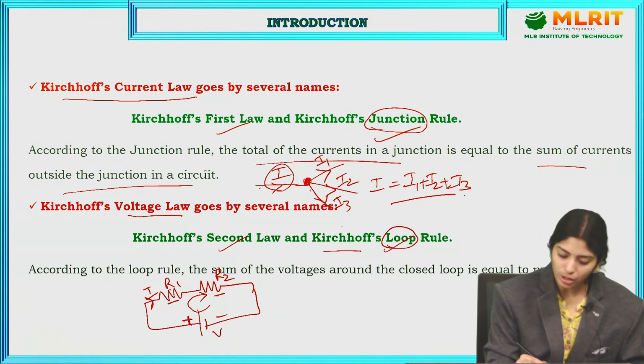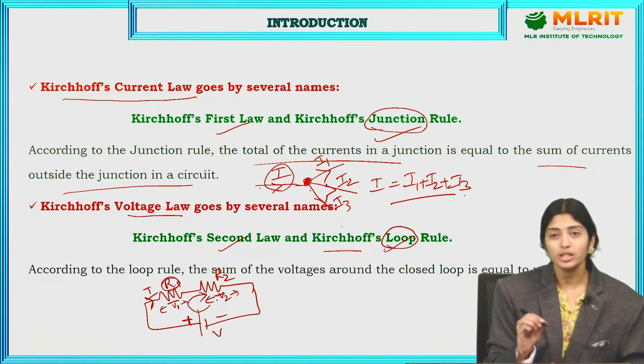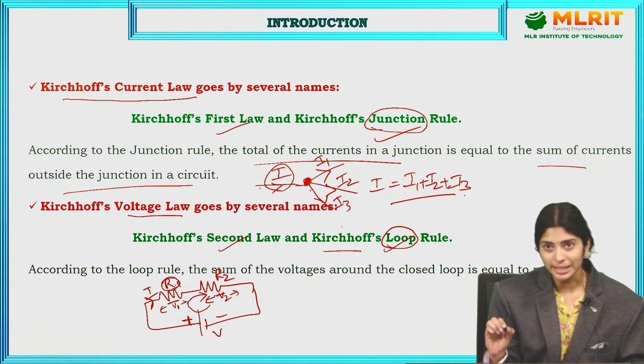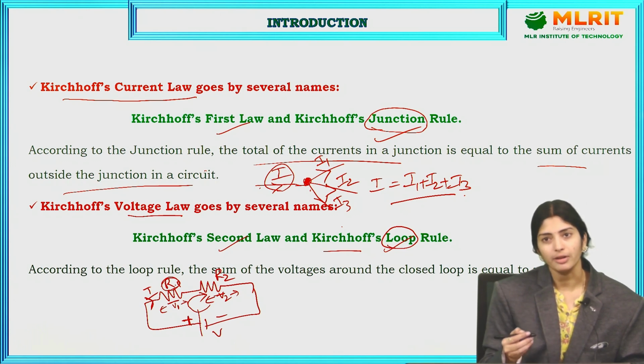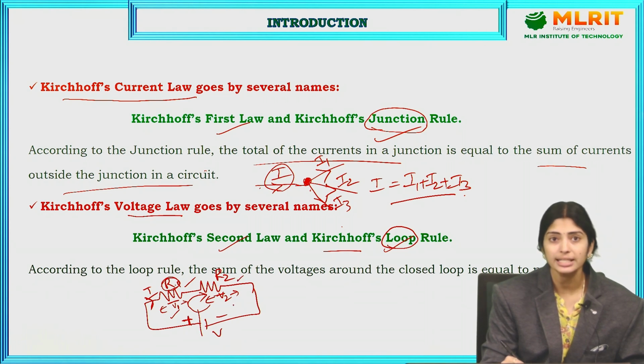At resistance R1 we consider it as V1, and at resistance R2 we consider it as V2. Why am I using V1 and V2 and not a constant? Because the voltage drop varies for each resistor; it won't be the same for all resistors. So for R1 I define V1, and for R2 I define V2.